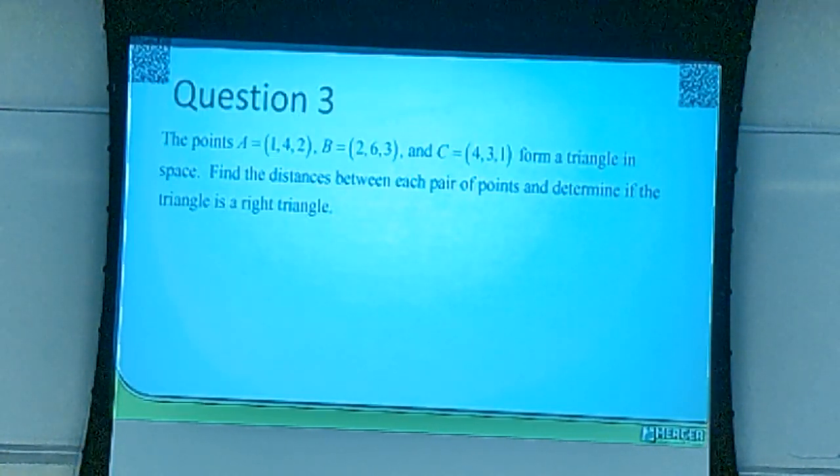So these 3 points form a triangle in space. Find the distance between each pair of points and determine if that triangle is a right triangle.